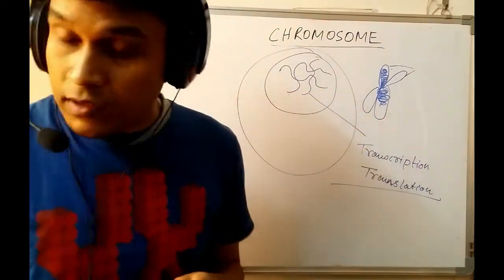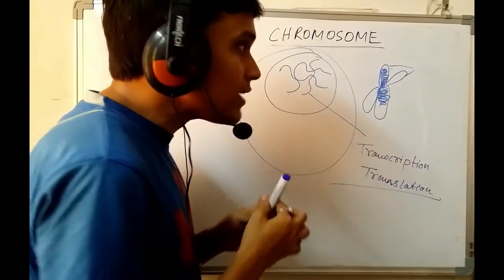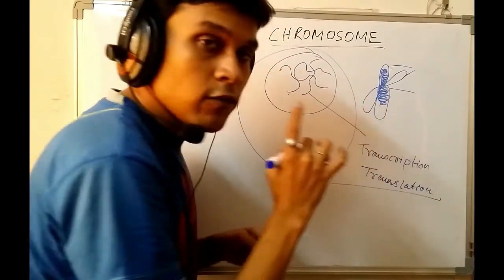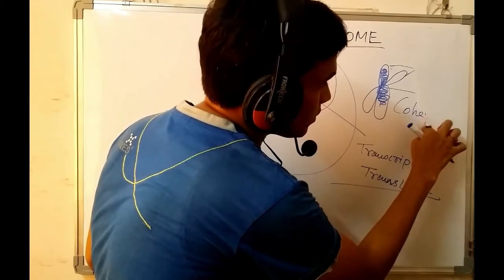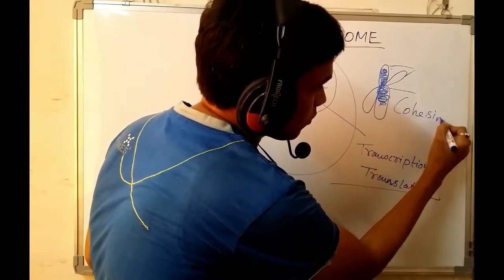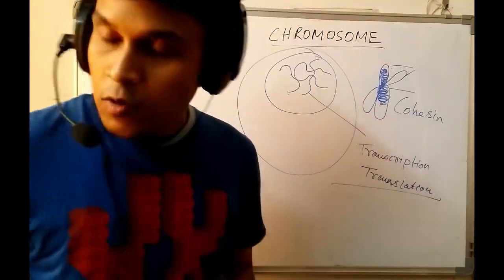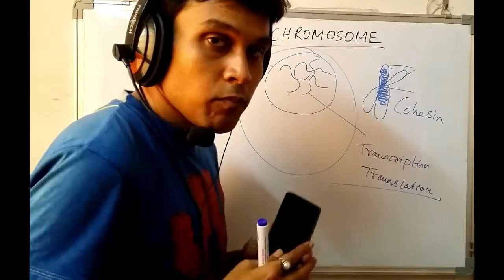This constricted structure is called the centromere. Why are they held by the centromere? Because there is a special kind of protein called cohesin present at the centromere position, which holds the two chromatids bonded together.